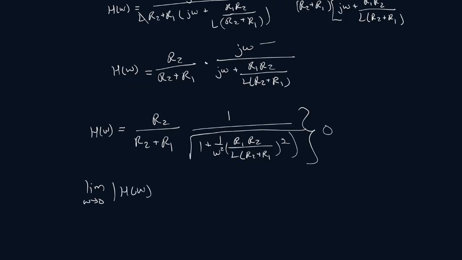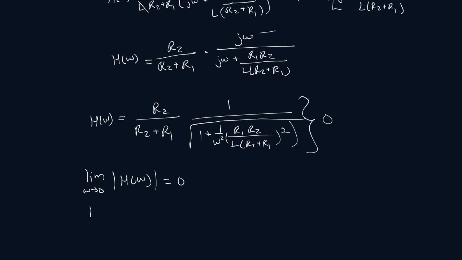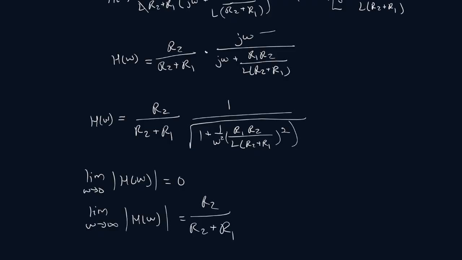So this will pretty much just be equal to 0. And instead, if we were to go to infinity, this would go to infinity. So it'll be 1 over infinity, which is 0. So it'll be square root of 1 plus 0. So this portion will just be 1. So this will be equal to R2 all over R2 plus R1.